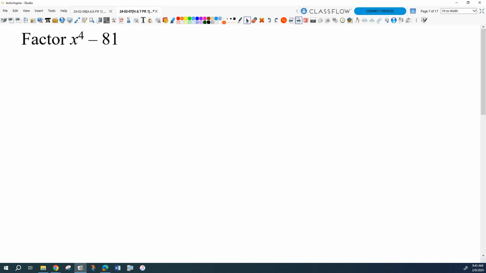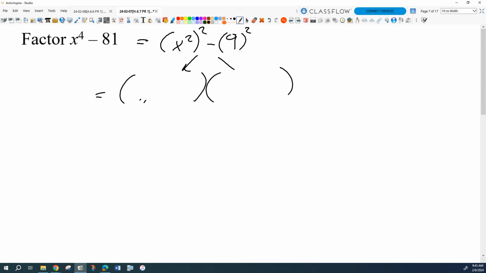How about this one? Okay, so we could rewrite this as x squared minus 9 squared, which is going to factor into what? X squared minus 9 times x squared plus 9.